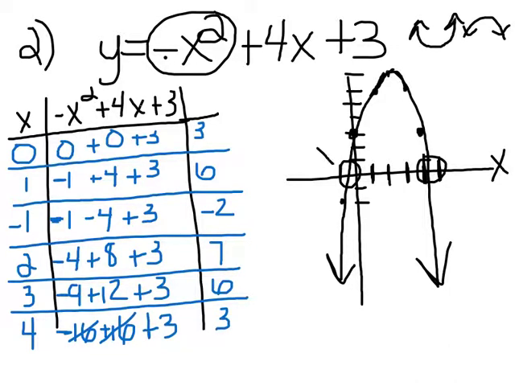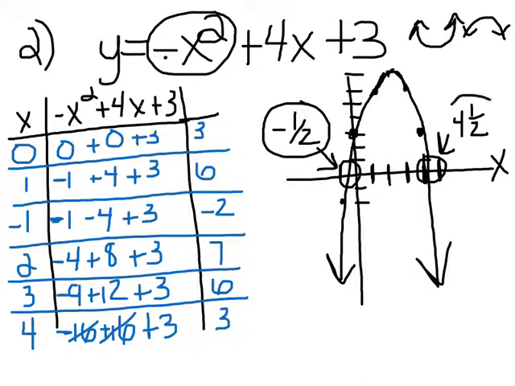On the left side, it's hitting our x-axis at negative a half. Right here, it's hitting our x-axis at 4.5. These are our two answers for solving our quadratic equation.